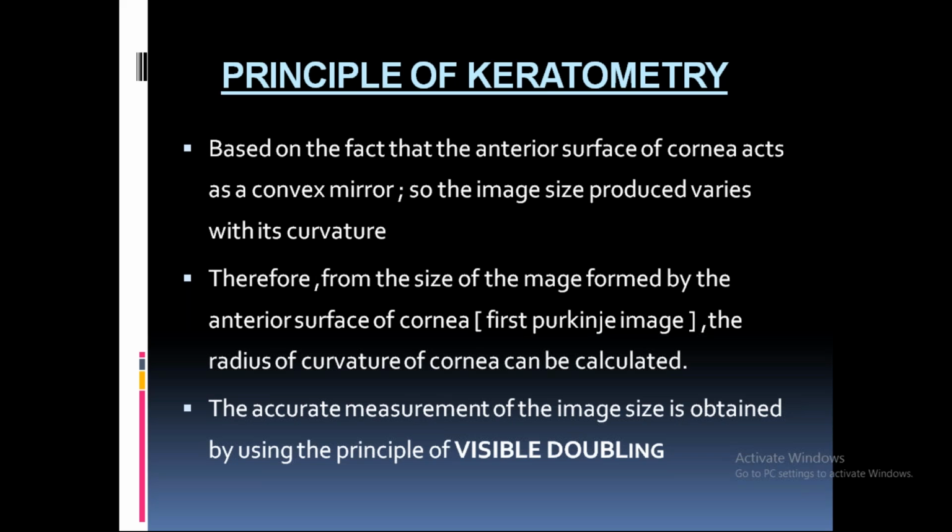It is based on the fact that the anterior surface of the cornea acts as a convex mirror, so the image size produced varies with its curvature. Therefore, from the size of the image formed by the anterior surface of the cornea, the first Purkinje image, the radius of curvature of the cornea can be calculated. The accurate measurement of the image is obtained by using the principle of visible doubling.